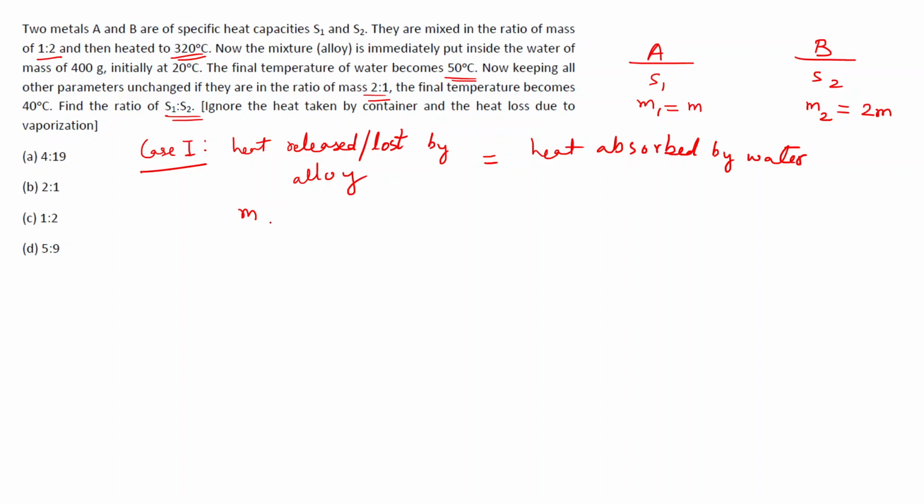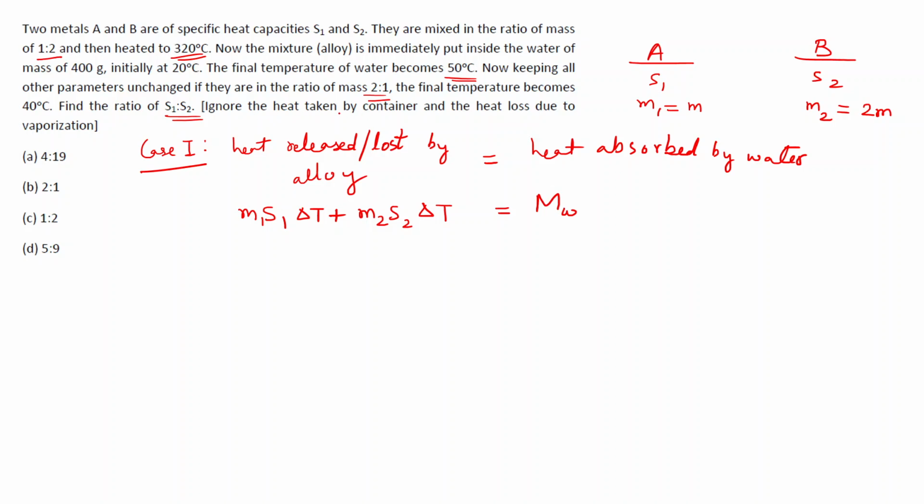So the mass of the first material times its specific heat capacity and the temperature difference, plus the mass of the second one, its specific heat capacity, and because they are made into an alloy, the temperature difference will be the same for both of them. This is equivalent to the heat absorbed by water.